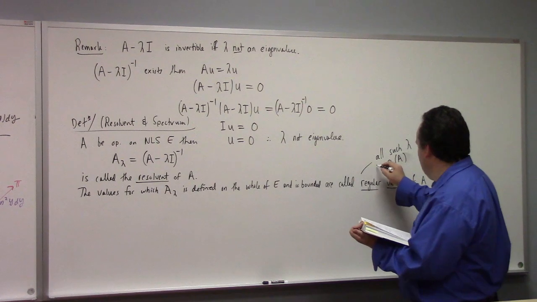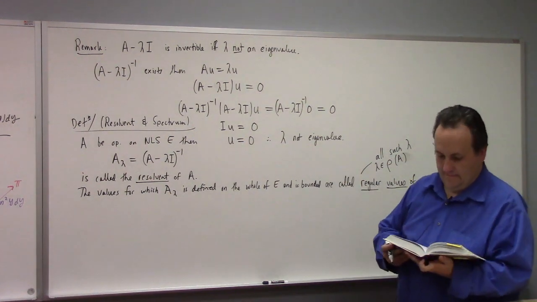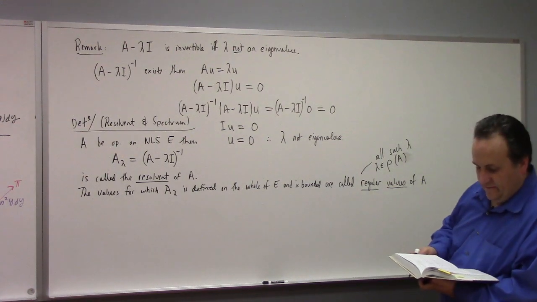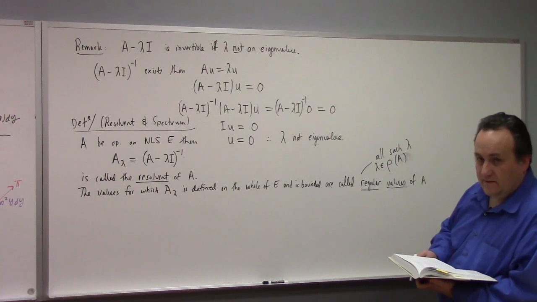Okay, so lambda is an element of rho of A if it's a regular value of A, so obviously it's not an eigenvalue.